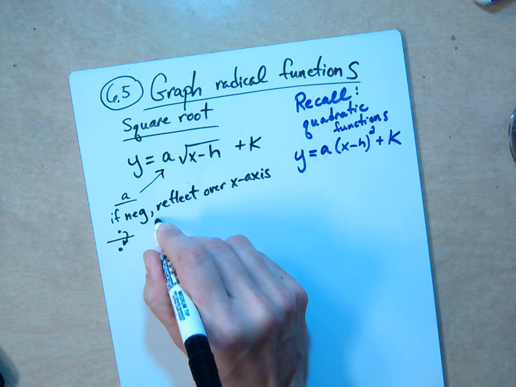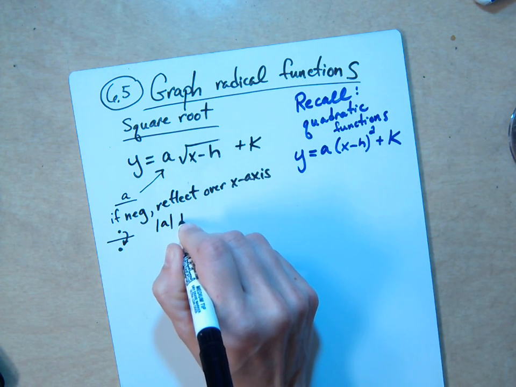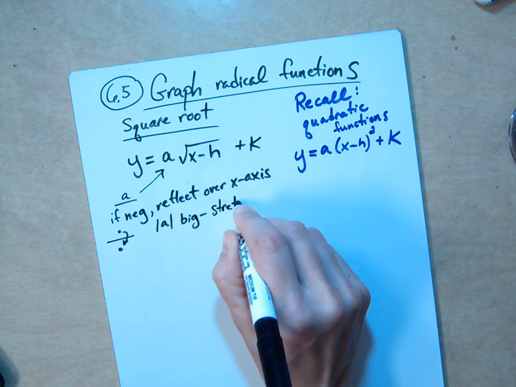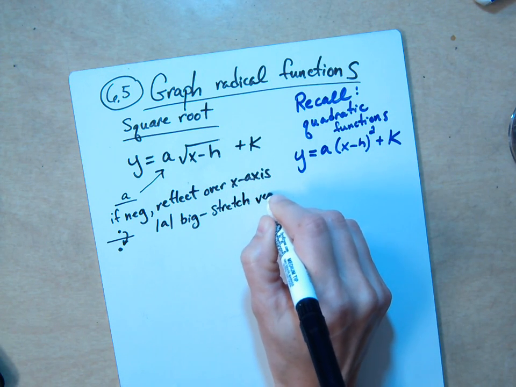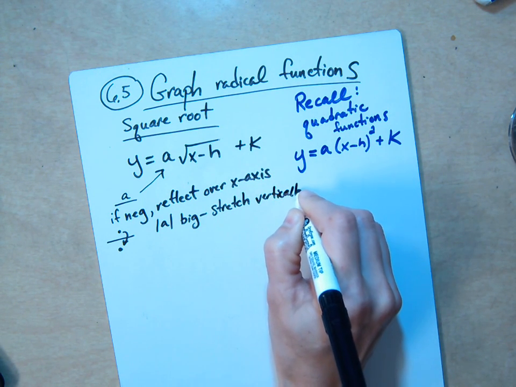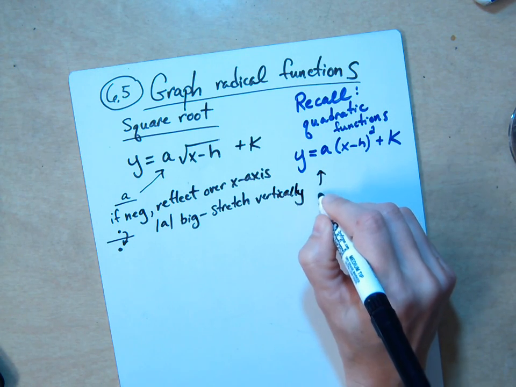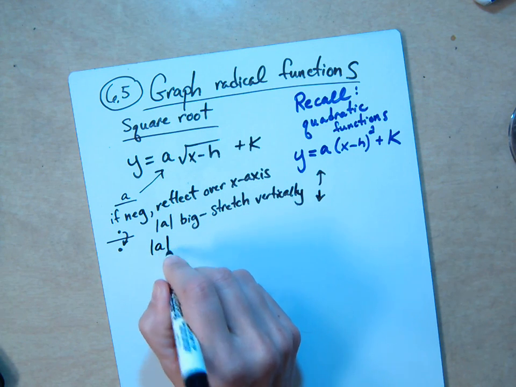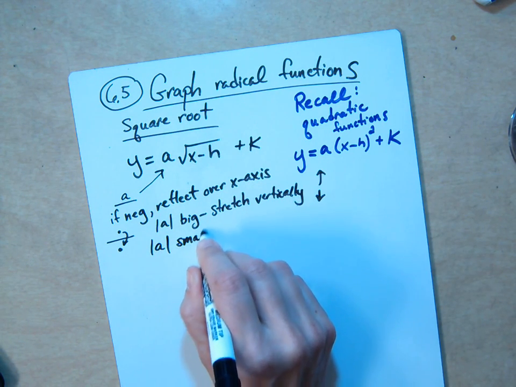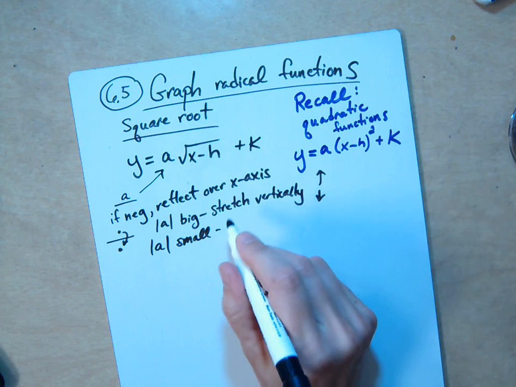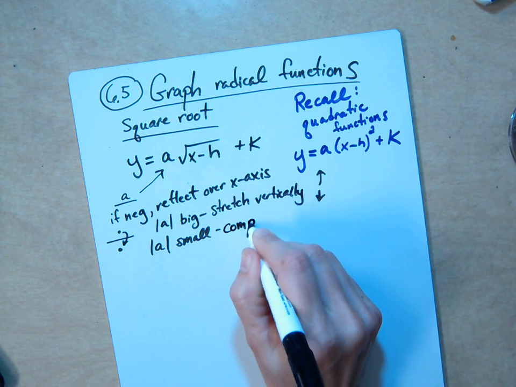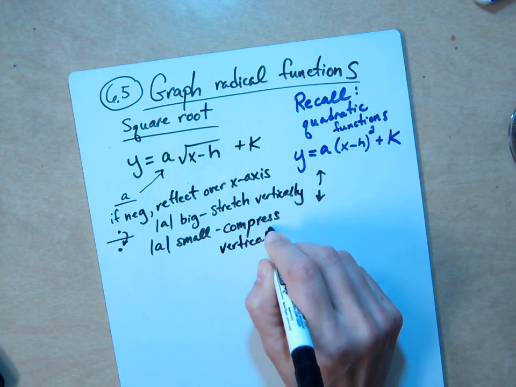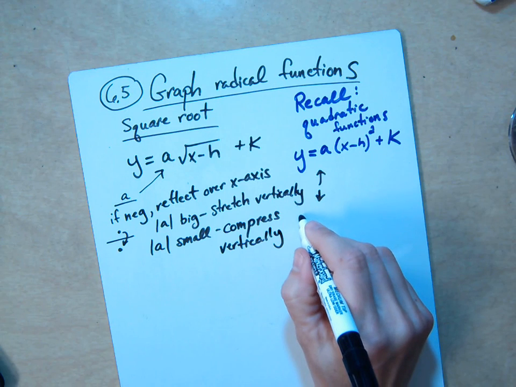If the absolute value of a is big, then it will stretch vertically, which makes it skinny. Well, in terms of the parabola, it makes it skinny. So it stretches vertically, so it goes like that. You'll see some examples when we get there. If the absolute value of a is small, then it compresses it vertically, and that makes things wide.